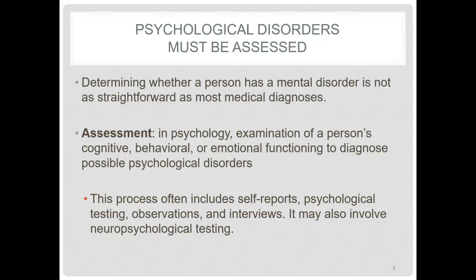The first thing a clinician is going to do is take a history. They're going to interview the client or patient, get a self-report history, and talk to that person about the symptoms: what brought you into the office, what symptoms are you experiencing, what are your thoughts about why this is happening, things of that nature.